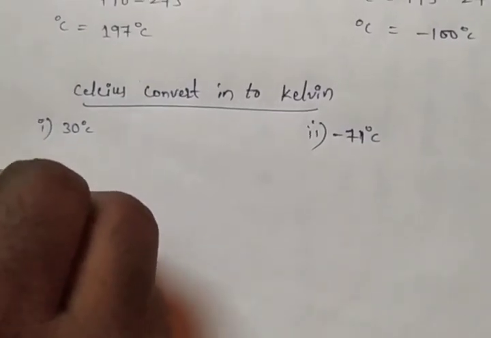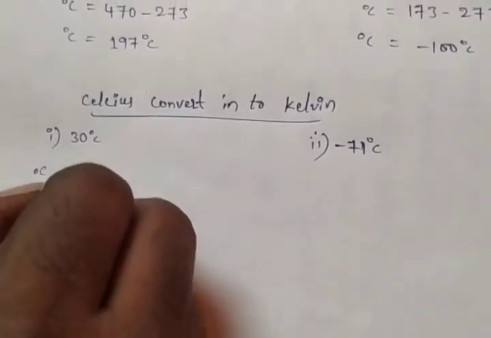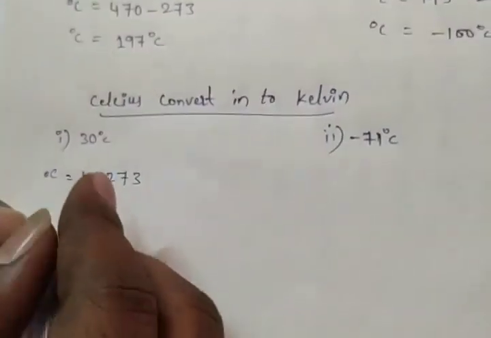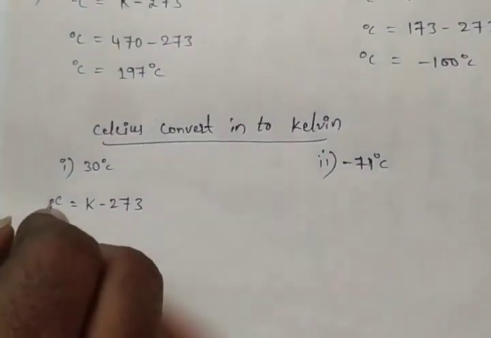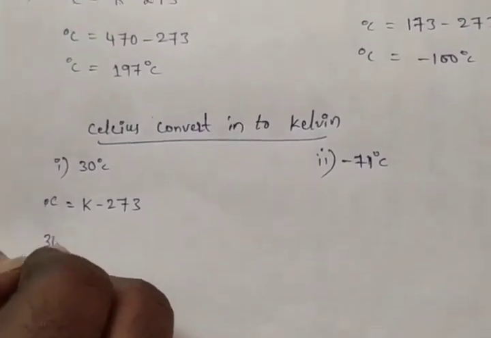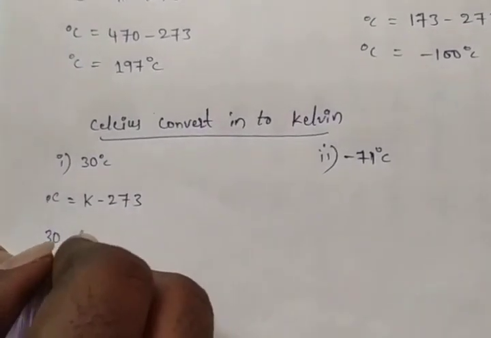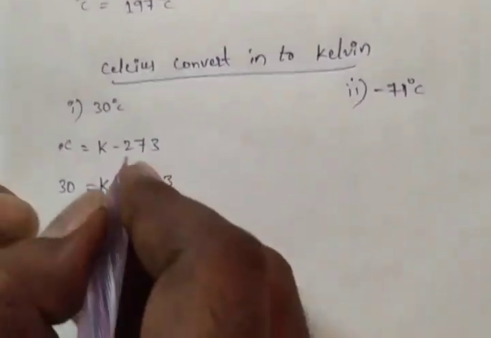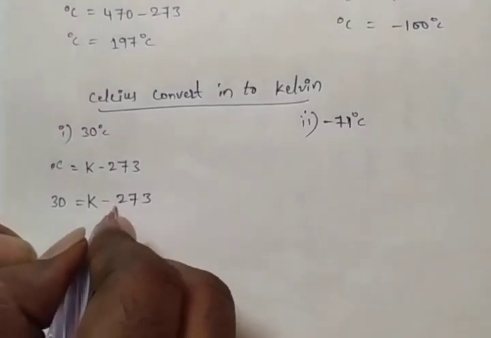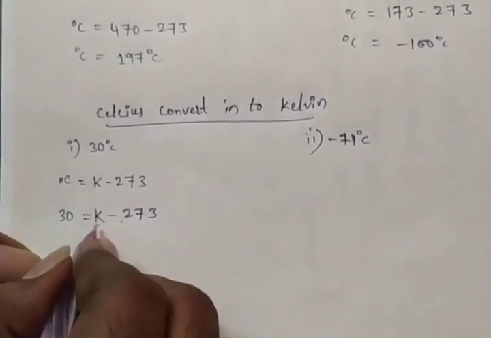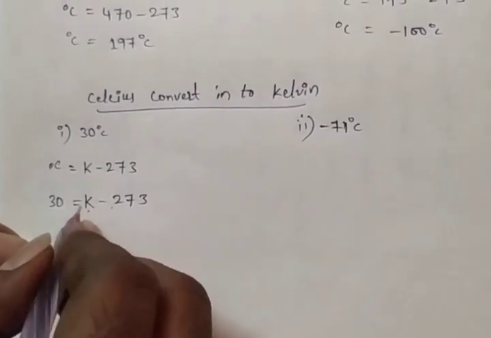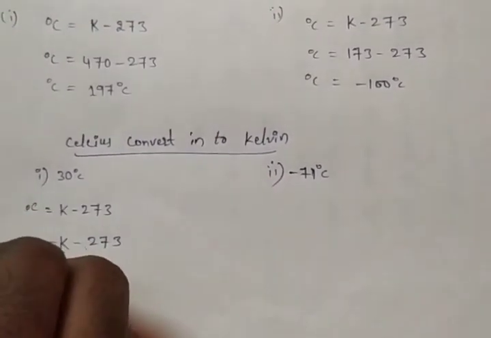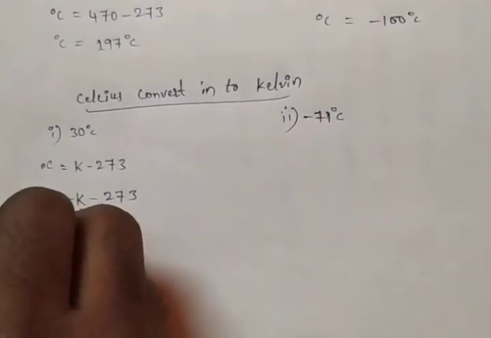Here, degree Celsius is equal to K minus 273. This is the formula. From this, they gave degree Celsius equal to 30. Kelvin we don't know. We want only Kelvin, so Kelvin is equal to, moving the minus 273 to the other side, plus 273.